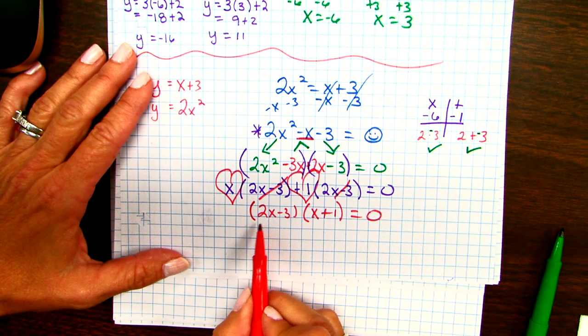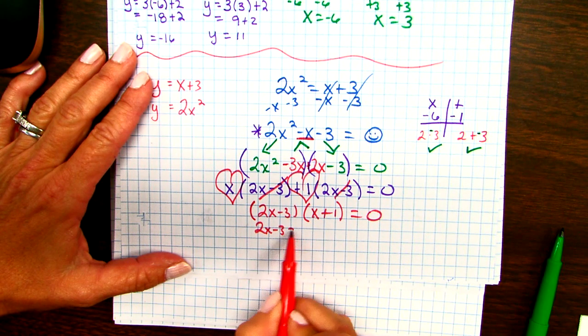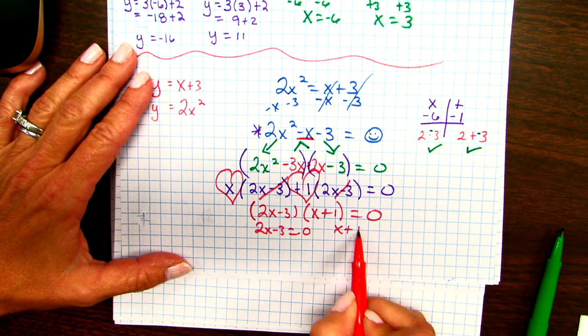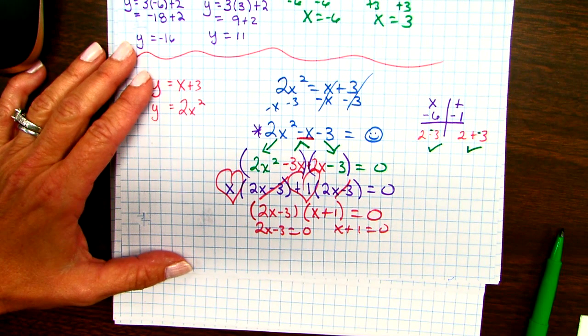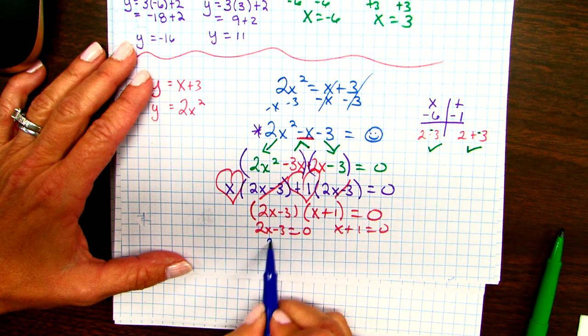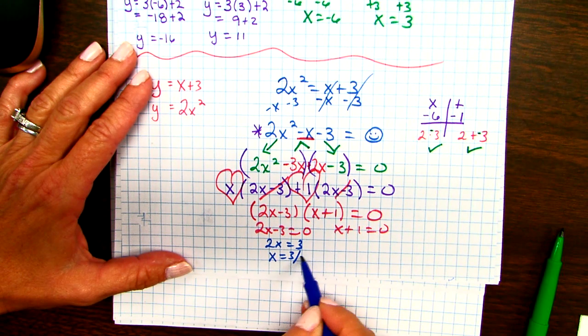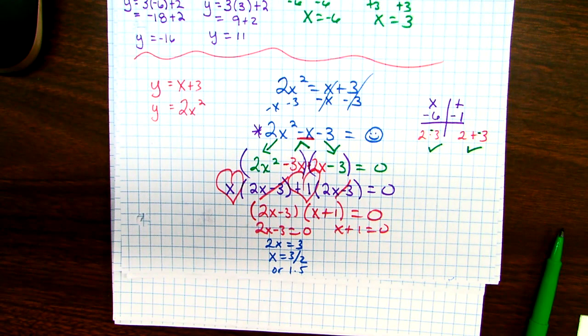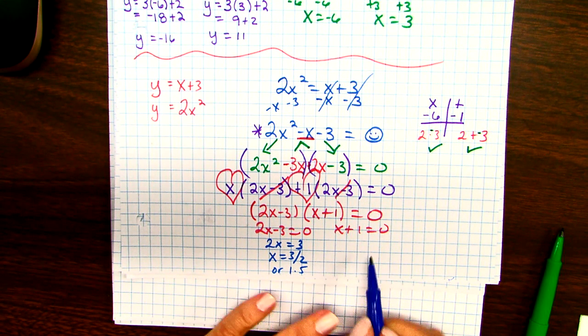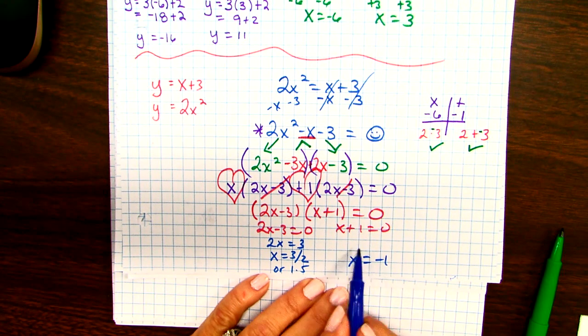So when I set 2x minus 3 equal to 0, again, you could do this in your head if you're able to. Add 3, divide by 2. You could leave this one as a fraction or a decimal because it terminates. If it was a repeating decimal, I'd want to hit math, enter, enter, and go back to the fraction form of it. But either one of these is fine in this problem. And then x would be negative 1.